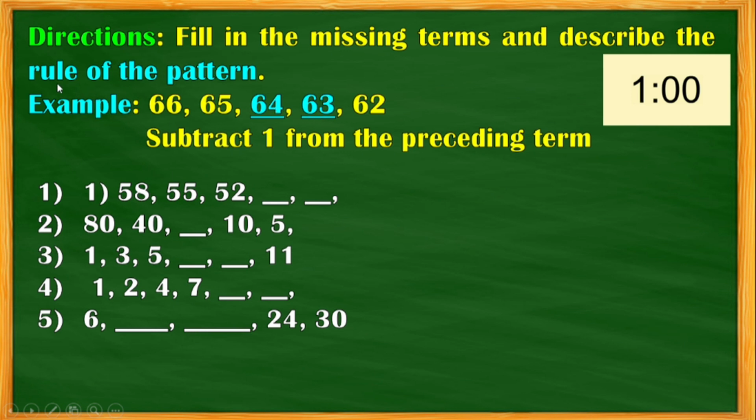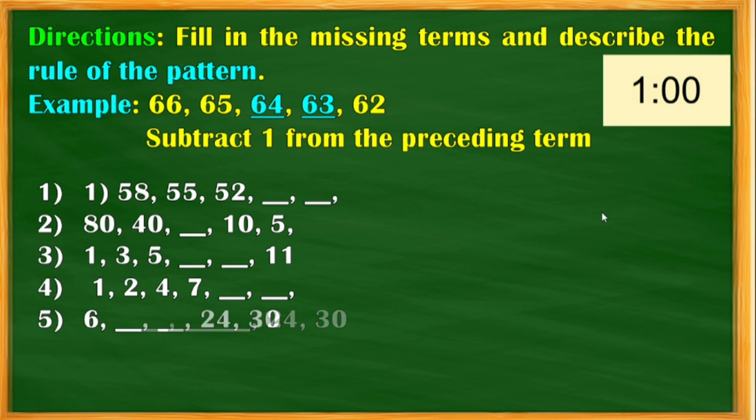Then describe the rule of the pattern. The rule is to subtract 1 from the preceding term, because 66 minus 1 is 65, 65 minus 1 is 64, 64 minus 1 is 63, and 63 minus 1 is 62. So the rule is in the sequence of numbers. Okay, you have to answer number 1 to number 5. Your timer starts now.